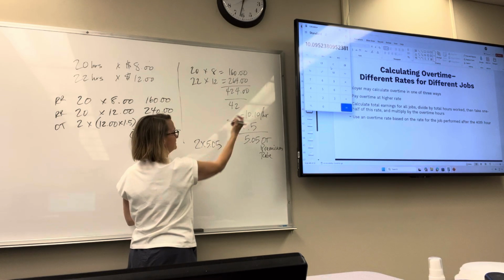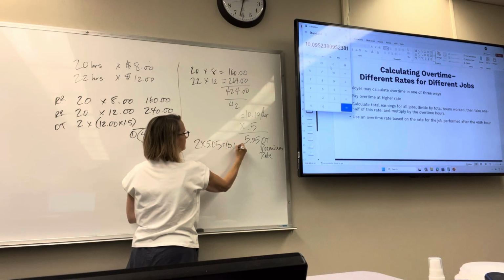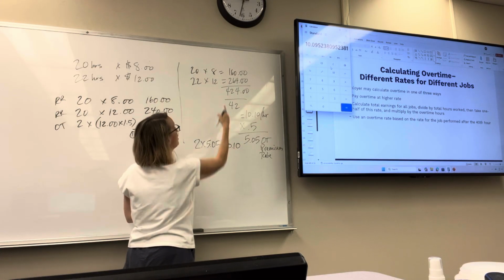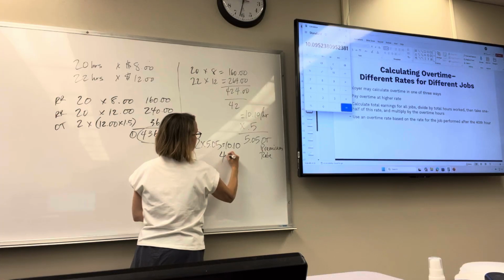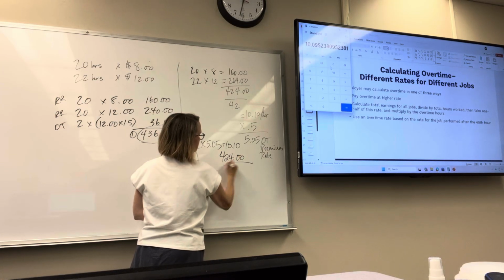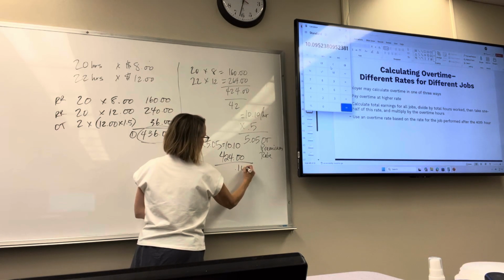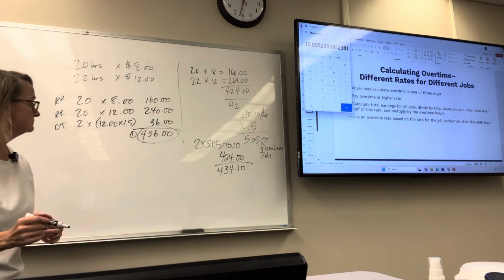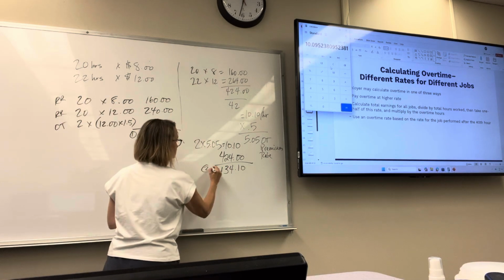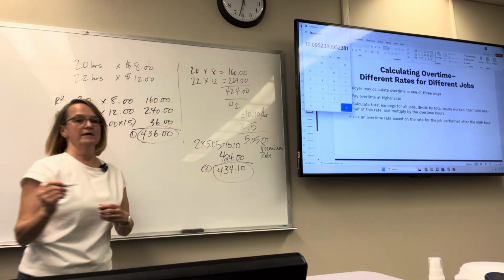We're just going right back to 10.10. That's our overtime premium. We're going to add it to this: $434.10. So this is option 2. That's our weighted average.